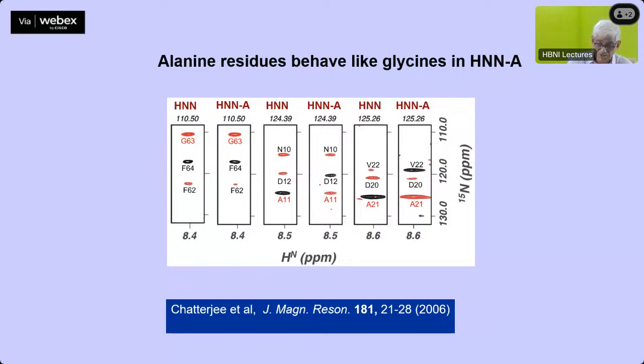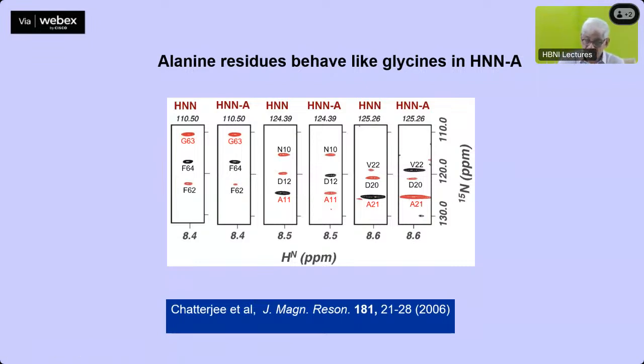See, notice the contrast here. Sequential to that on the I plus one side appears positive, and on the I minus one side it still appears negative. Therefore, this is the change, and the alanine also becomes a checkpoint. So if you are doing this modified experiment HNNA, you will get this kind of peak pattern, and that will give you additional checkpoints along the polypeptide chain.